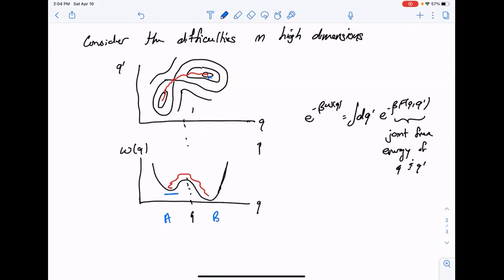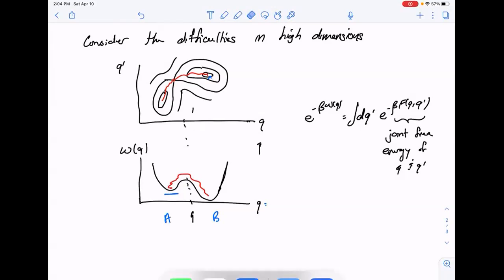Thermodynamics tells me that I can integrate out whatever I want. And as long as Q acts to separate those two basins, I will be able to preserve the equilibrium ratio of partition functions, the equilibrium constants between A and B, but not their dynamics. The dynamics depend through the equation of motion on all coordinates in principle.